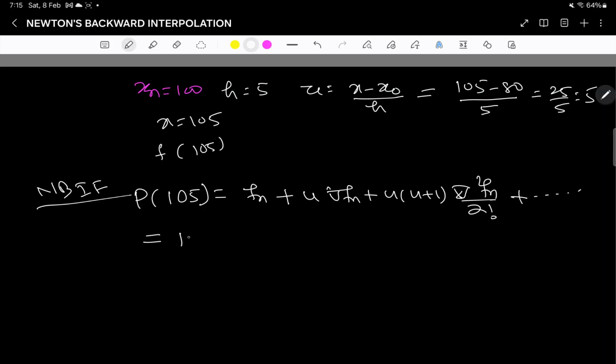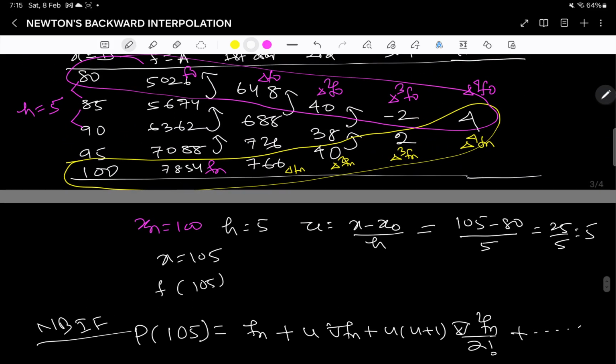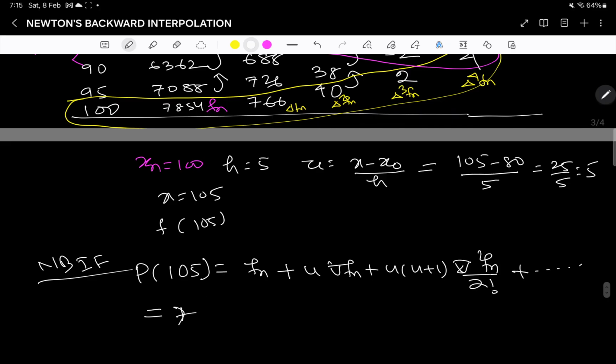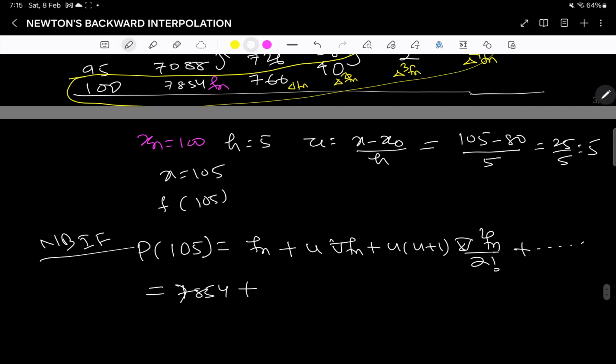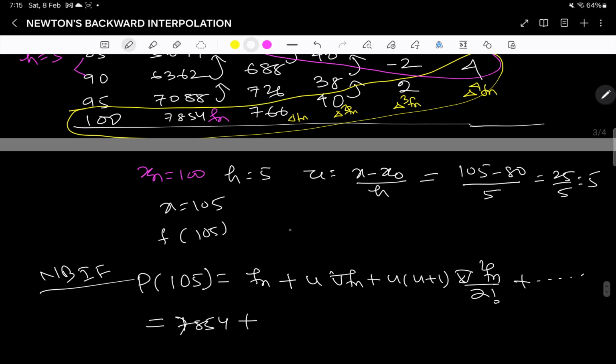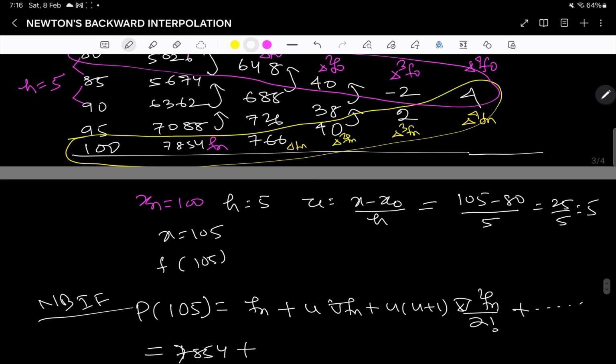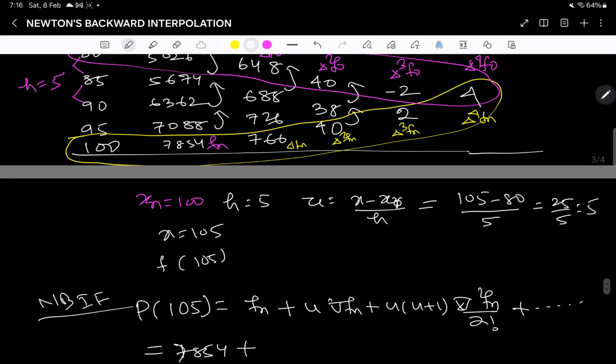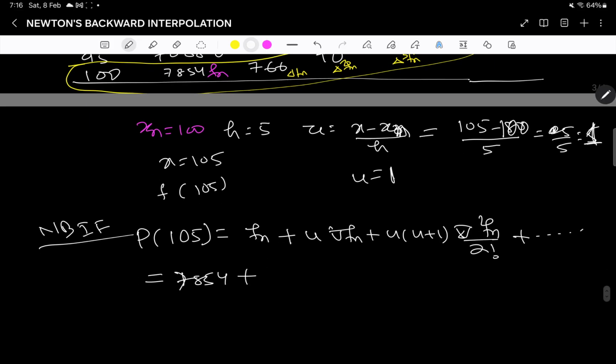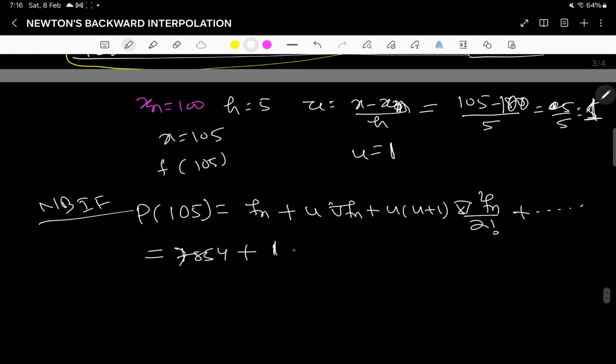So Fn is here 7854, plus U, what is your U here? So U is here 5, sorry there is a correction. U is here x minus xn by h, xn is 100, so this is 5 by 5 is 1. Okay, so here U is 1.